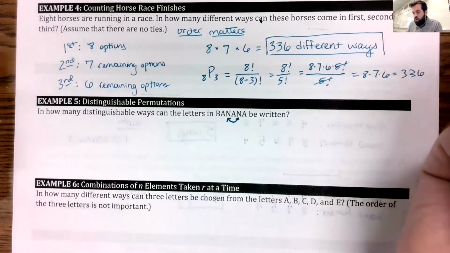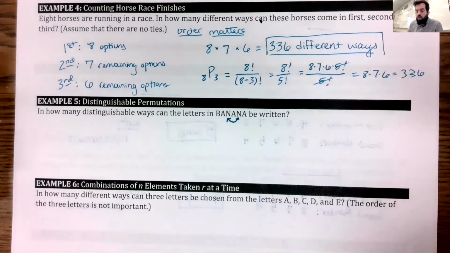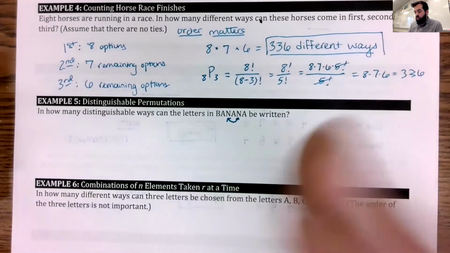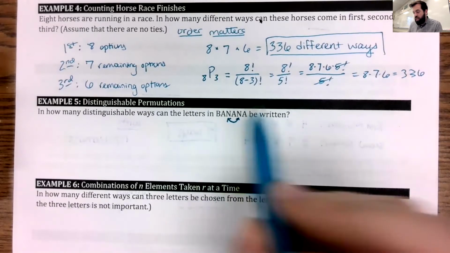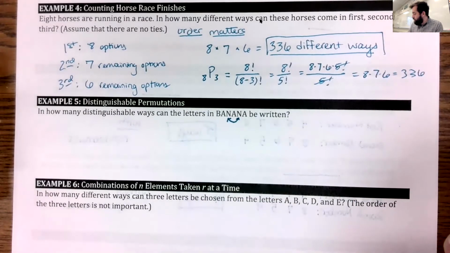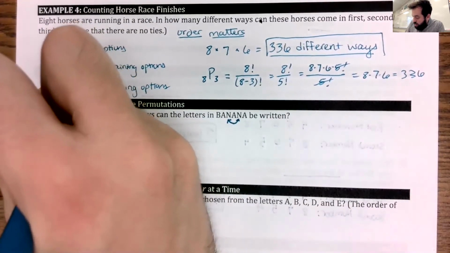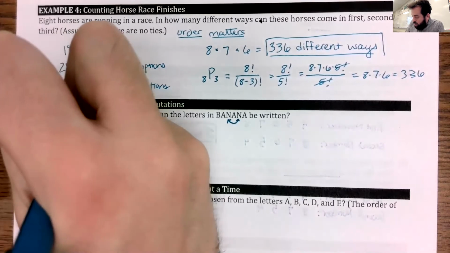So if we switch the order of the N's, it's not like we have a new word or a new pattern, right? It's not distinguishable from the original. So we don't want to include just switching the spot of the two N's or switching any of the A's in our list of distinguishable permutations.